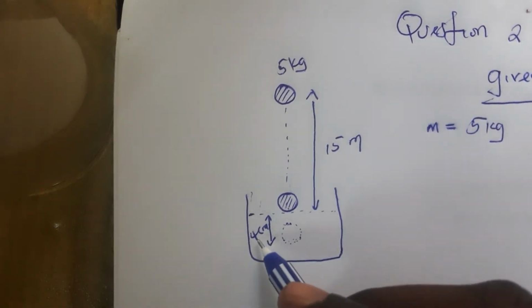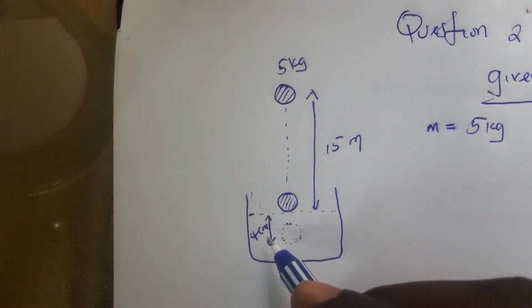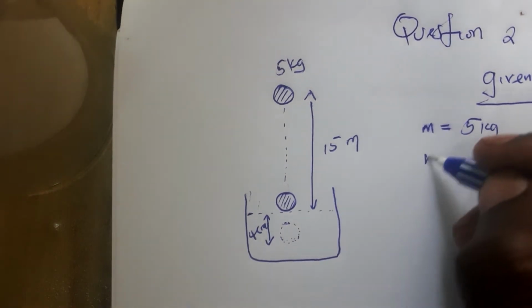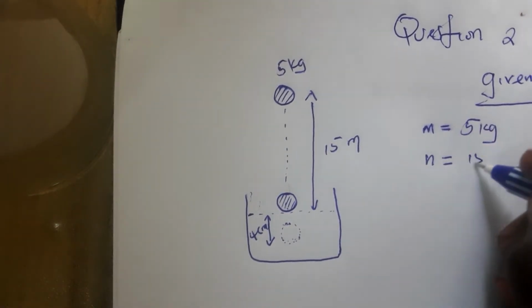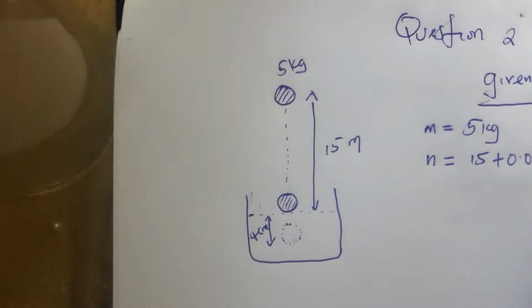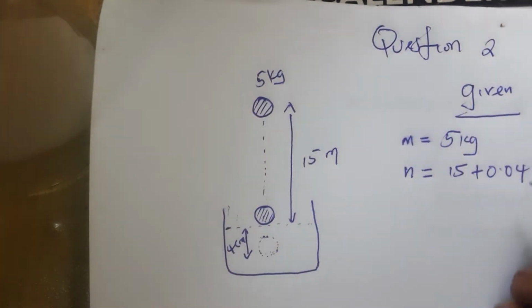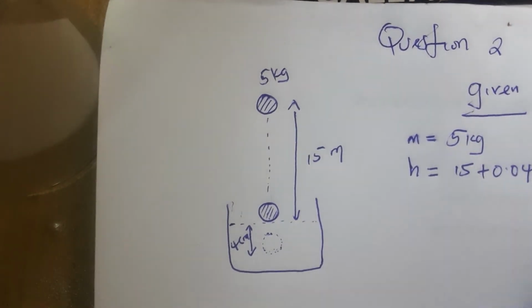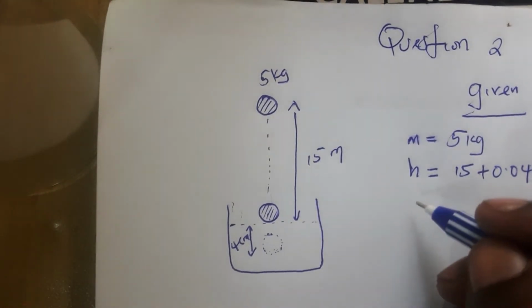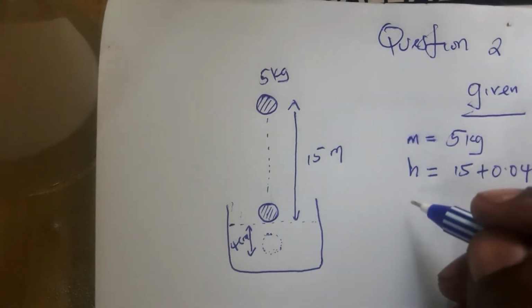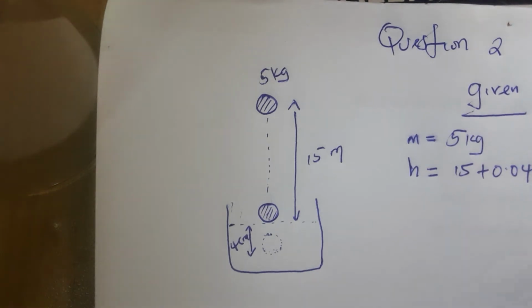So we know 4 centimeters is the same as 0.04 meters. So our total height is equals to 15 plus 0.04 meters. Okay, and then what else have we been given? Okay, I think basically that.